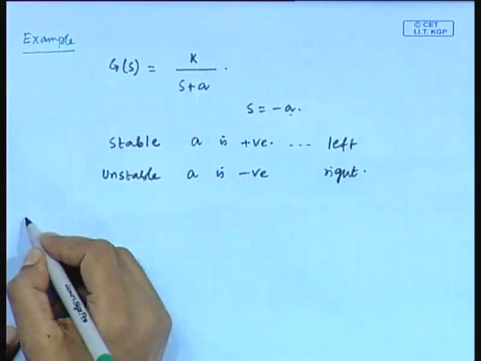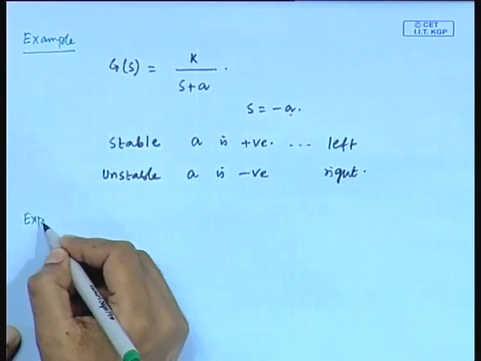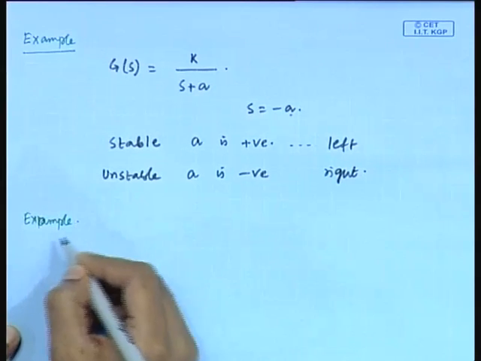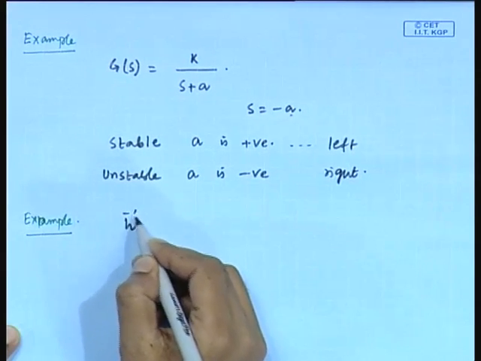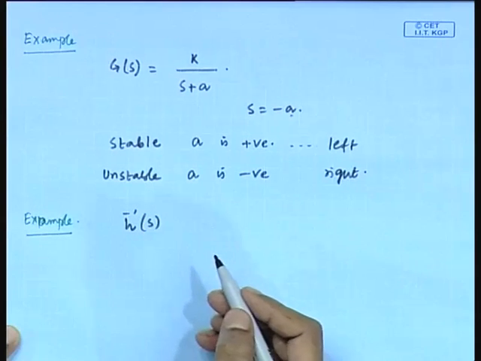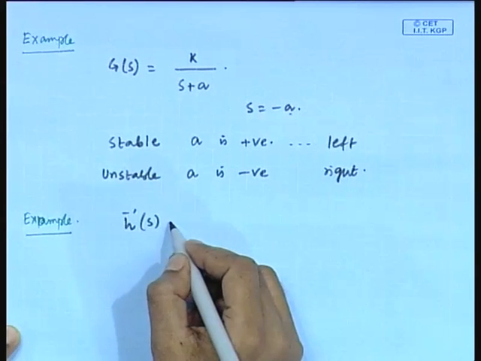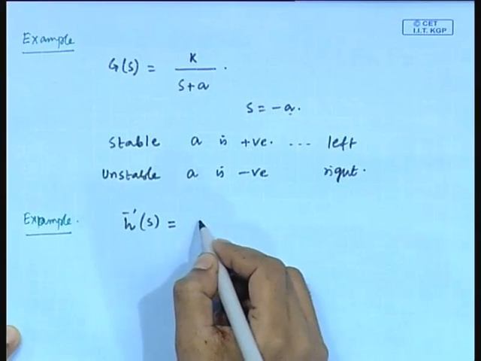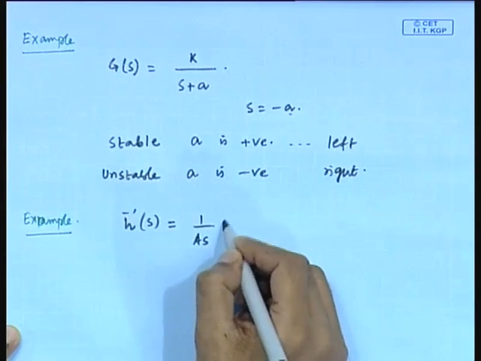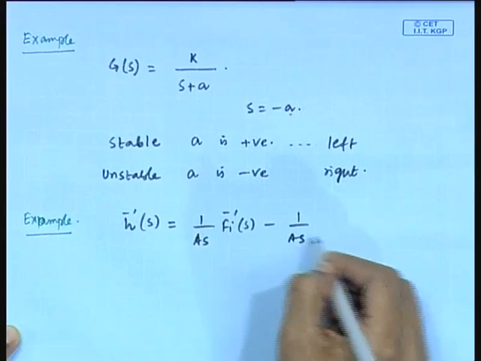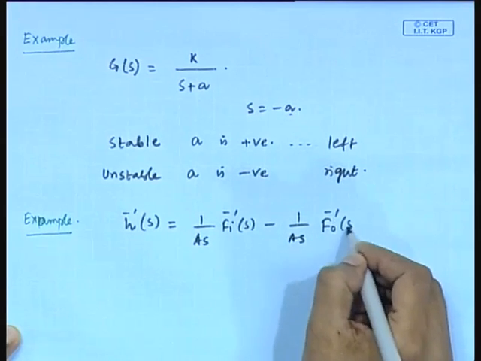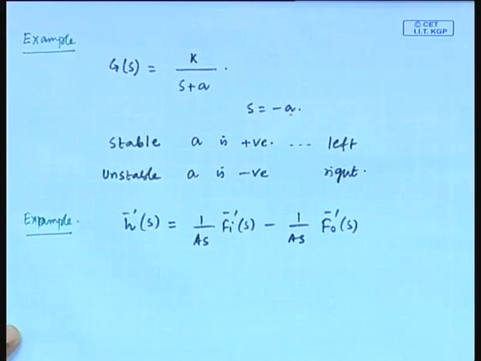Another example we can consider, that is the liquid level system. For the case of liquid level system, we got the transfer function, that is one divided by A s, F_I bar prime(s) minus 1 divided by A s, F_o bar prime(s).